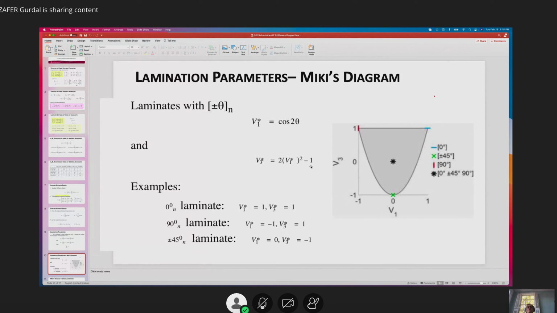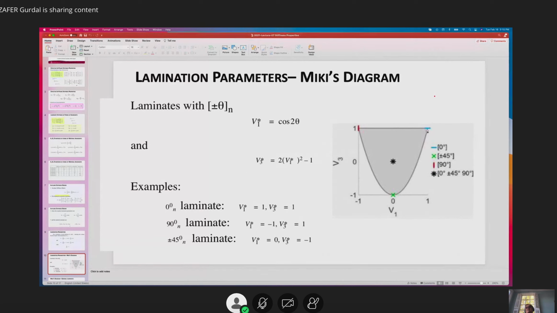What we have now is a parametric curve that when theta is equal to 0, we have a point which is here. When theta starts increasing, this equation gives you the coordinates for V1 star and V3 star. V1 star is actually decreasing, because cosine 0 is equal to 1, so V1 star is at its largest value, 1.